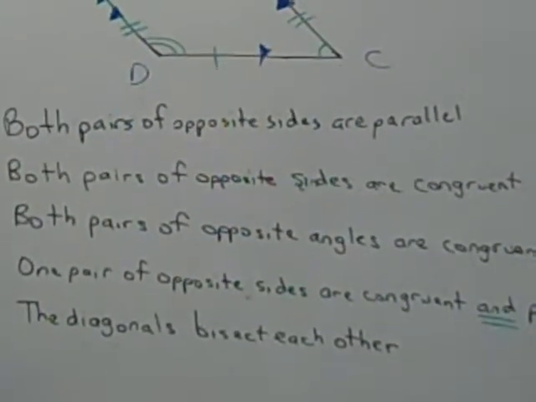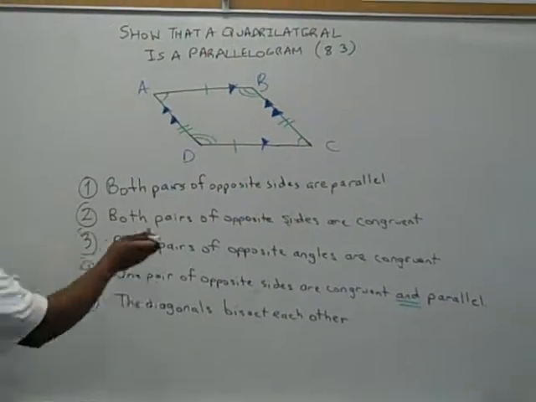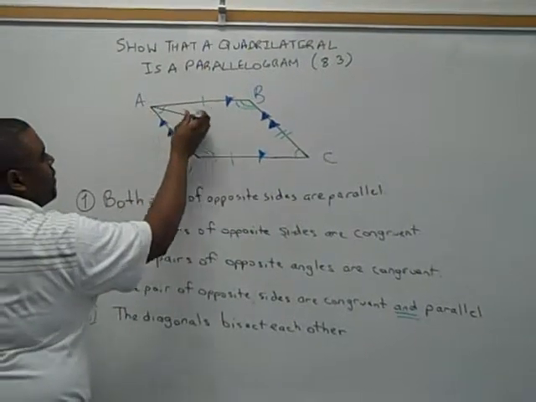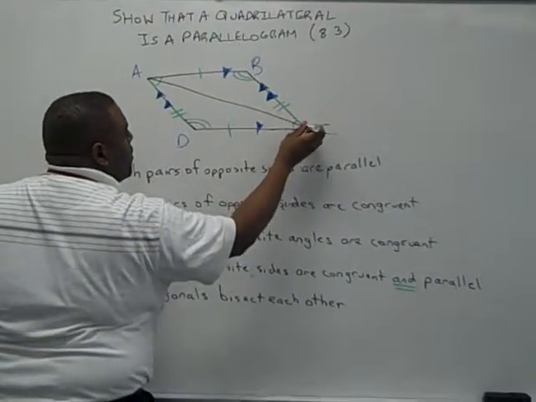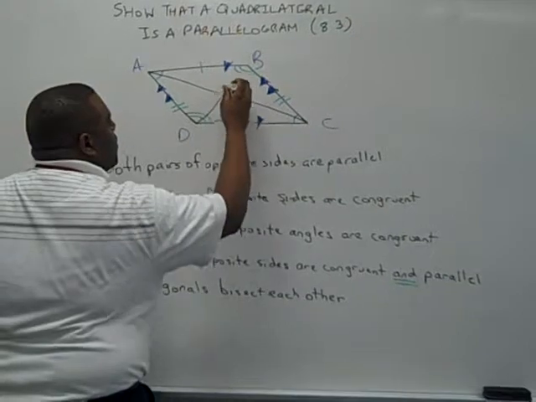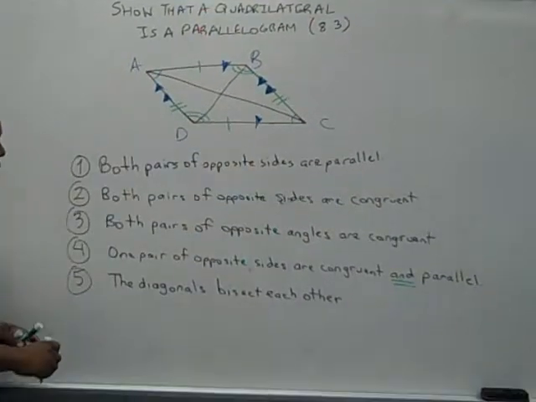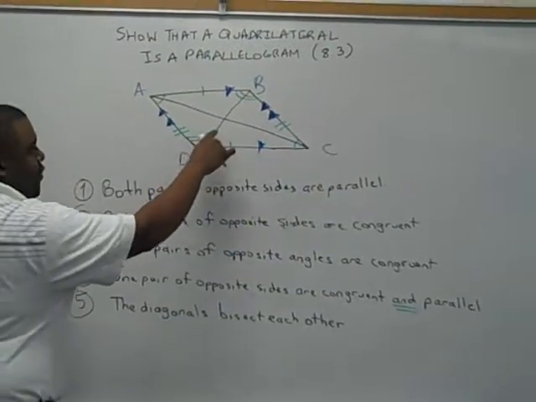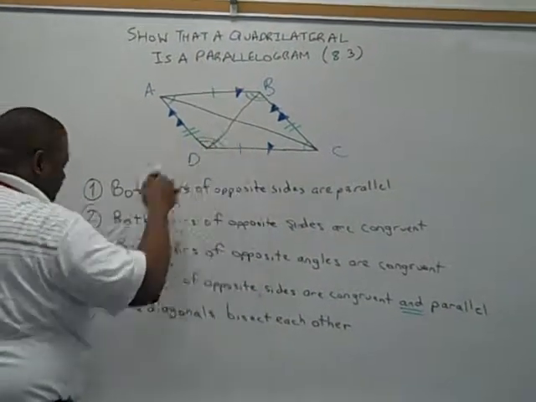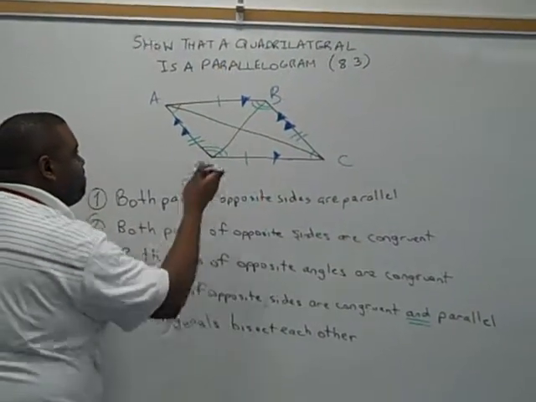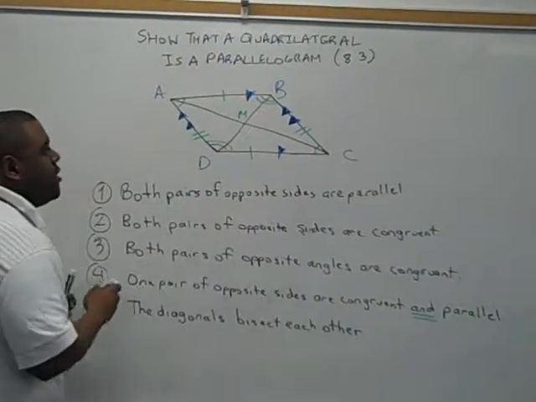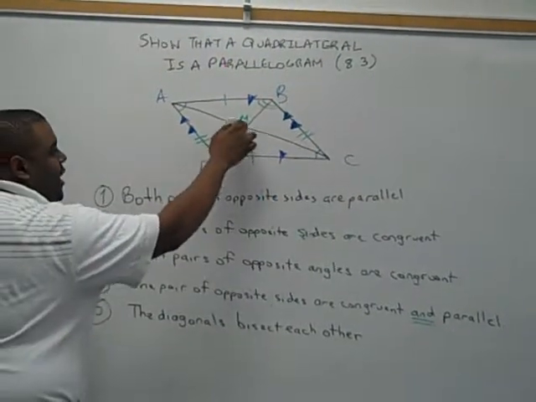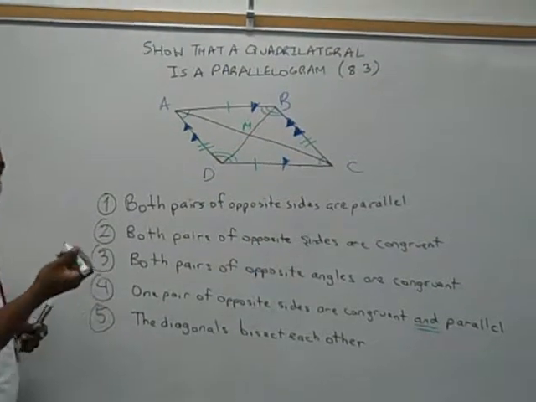So remember how we draw the diagonals. Let's draw it like this. Now remember, bisecting each other means that, for example, from here to here, and we'll call this point M, from D to M and M to B, those are congruent.